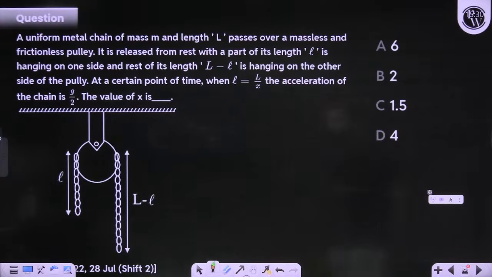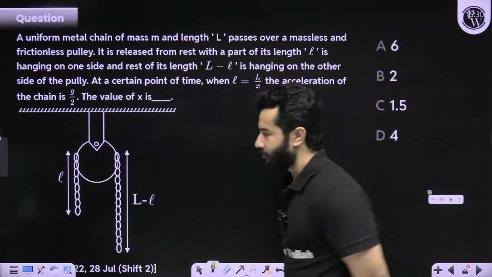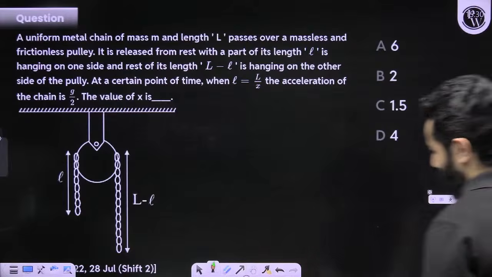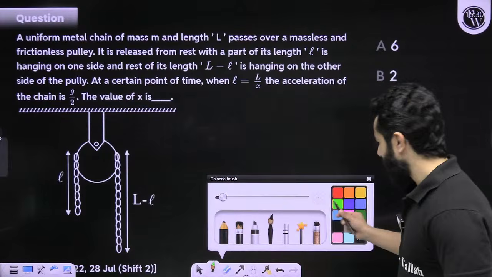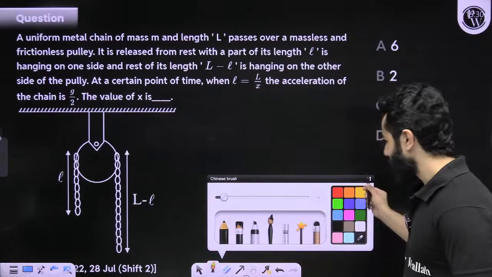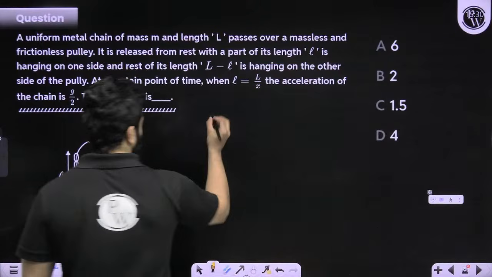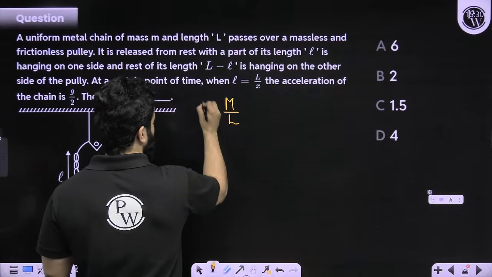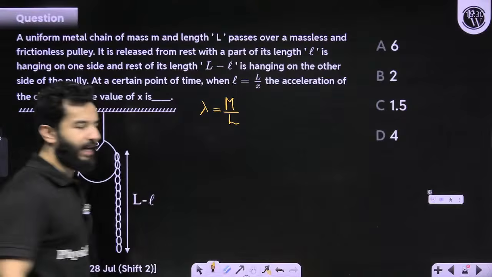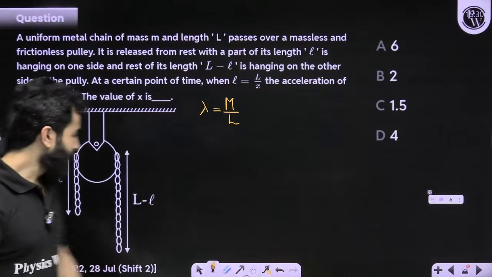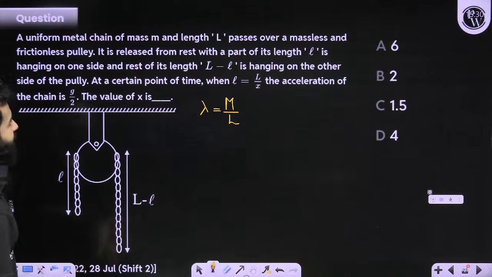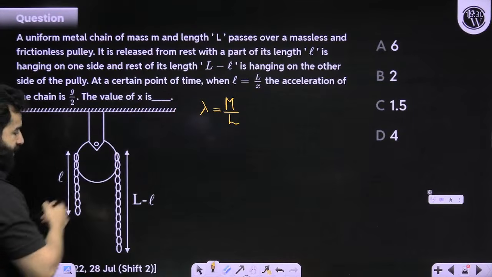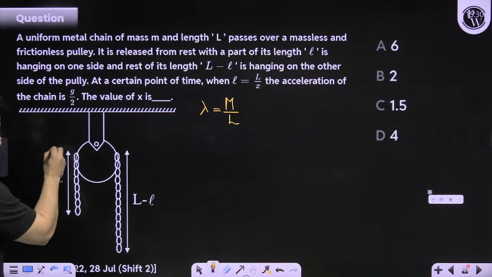All right. Let's do this problem, my dear friends. You have got a chain which has got a total mass of m. Let me explain this problem to you. Total mass is m, total length is L. So mass per unit length will be m divided by L. They have said that at a certain point, small l is equal to L by x.